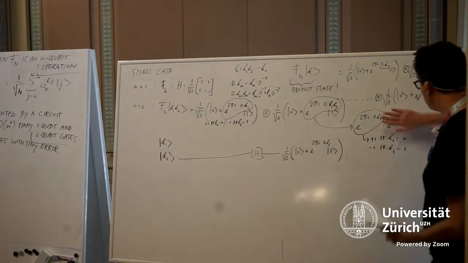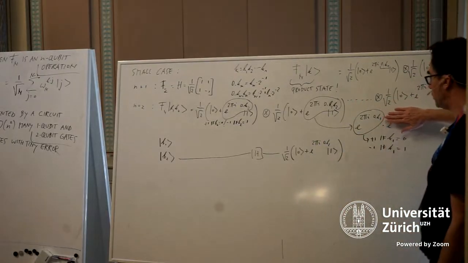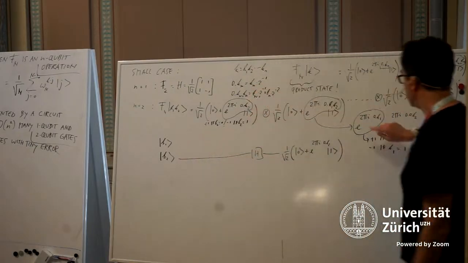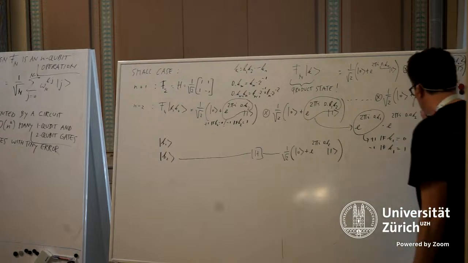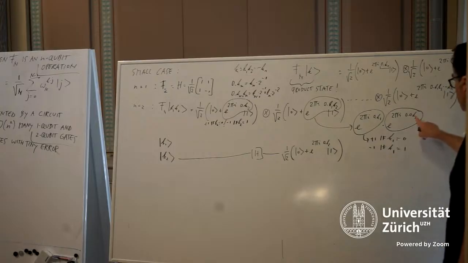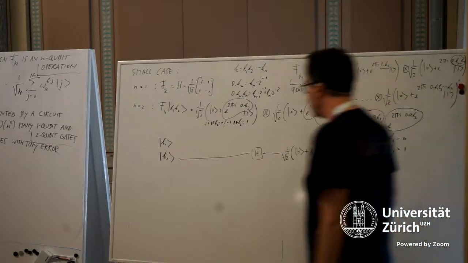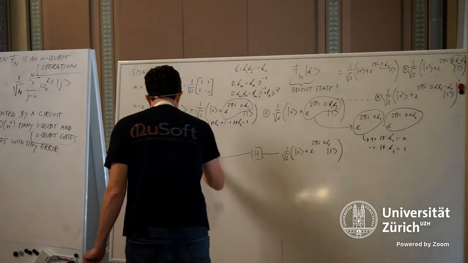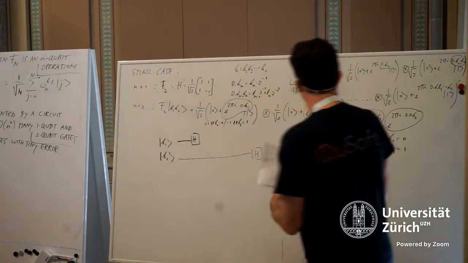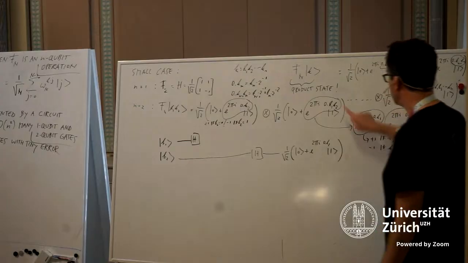So if this thing were not here, then we know how to do it. You just apply a Hadamard gate to this guy, and you would get the correct phase. But we need this correction term here, which is a more refined phase that also needs to be plugged in, and it depends only on K2. So now what we're going to do is apply a Hadamard gate on K1. That already gives us the correct phase when K2 was 0.